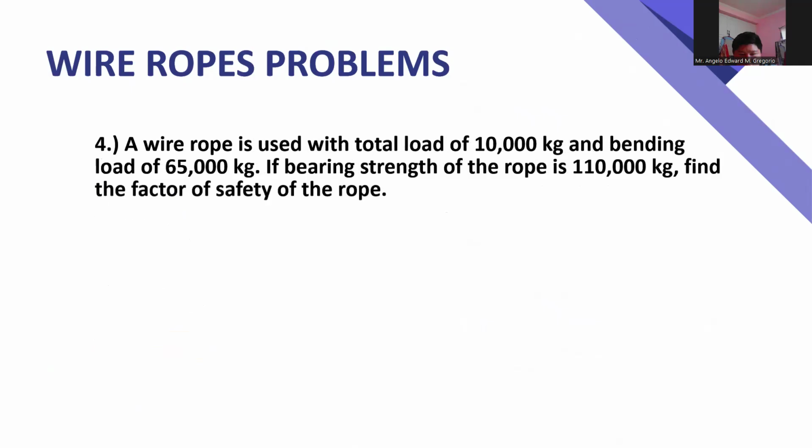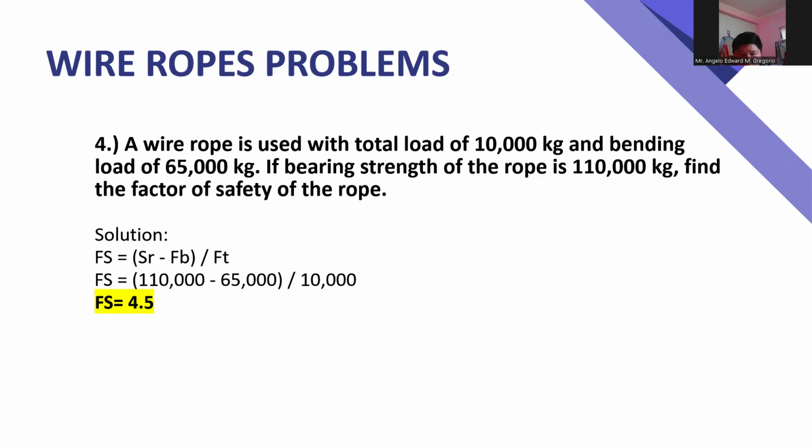Next, a wire rope is used with a total load of 10,000 kilograms and a bending load of 65,000 kilograms. If the bearing strength of the rope is 110,000 kilograms, find the factor of safety of the rope. So let's use the factor of safety formula again.